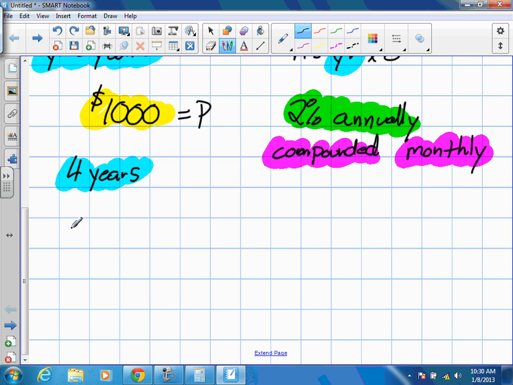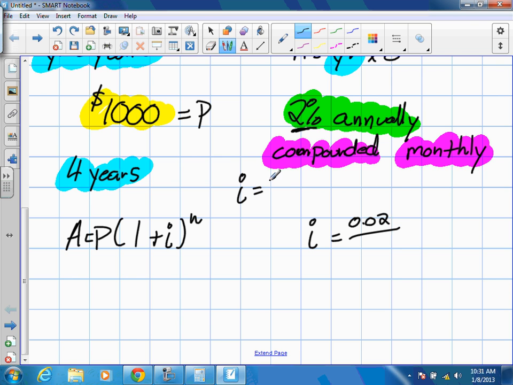We know that our total amount is equal to the original principal, 1 plus our calculated interest rate by the number of compound periods. Now remember, I, our interest rate, is the actual interest rate, which is 0.02, 2%, divided by, because I was equal to R divided by C. Monthly is what?